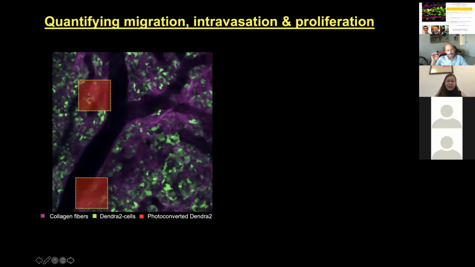Now, if we go and start photoconverting approximately 100 cell large regions, one of them you can see here is right next to a major blood vessel, and the other one as well. Now, this one is very far away from the blood vessel. So this whole size is about 1 millimeter in reality. So it's 2 by 2 fields of view.